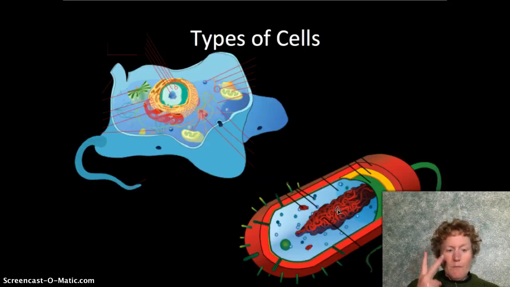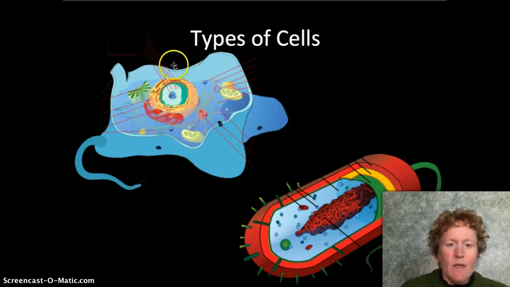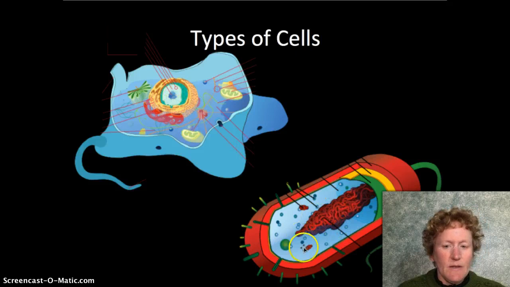So there are two major types of cells that we've been talking about in this unit. Eukaryotic cells are really organized. They have organelles. Prokaryotic cells, like bacteria, are more of a hot mess inside. They're not as organized. They don't have tidy little parts like eukaryotes.